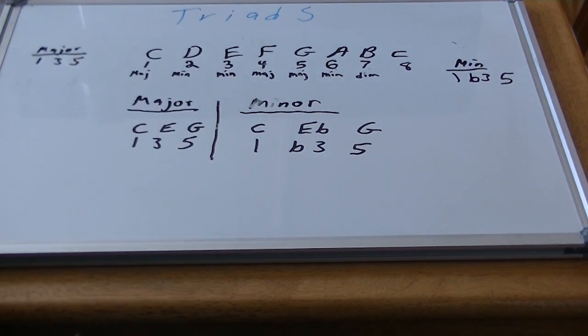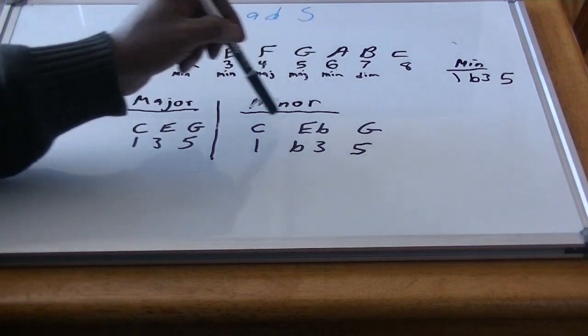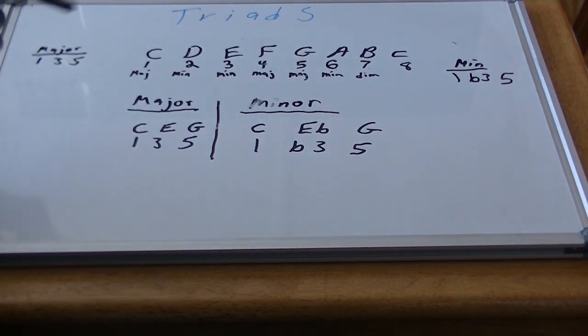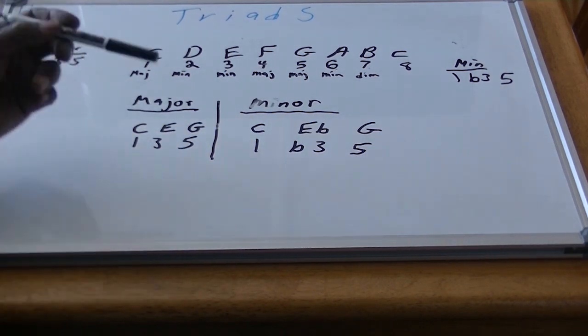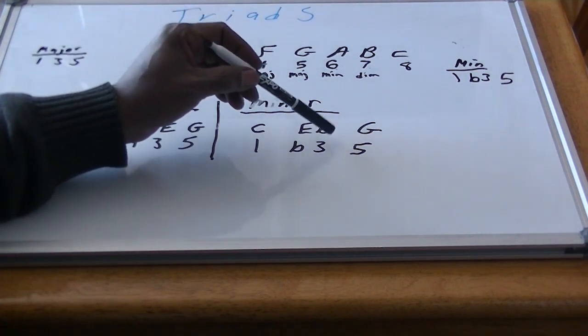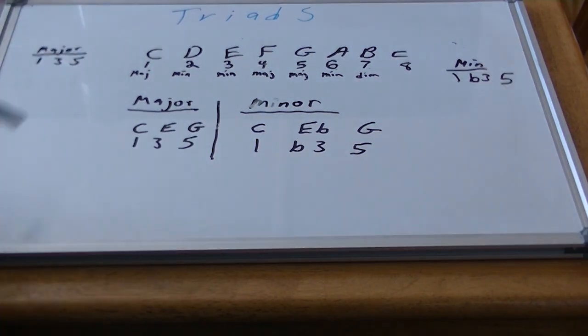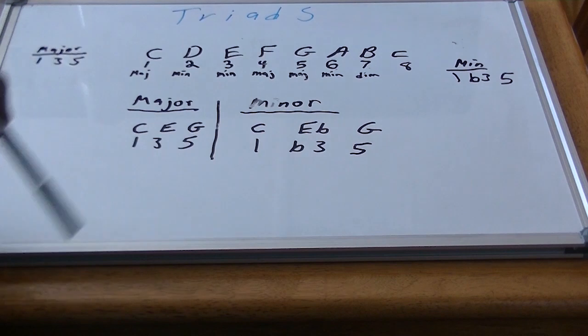And I would submit to you that the difference between a major triad and a minor triad is in the third. In the major triad, the third comes directly from the scale. In the minor triad, the third needs to be altered. It needs to be flatted. So when we look at these two chords in comparison to each other, I hope it becomes apparent that the only difference between the two chords is in the third.